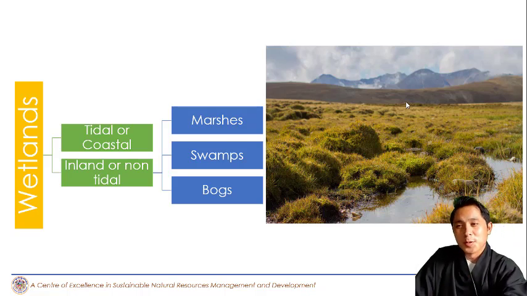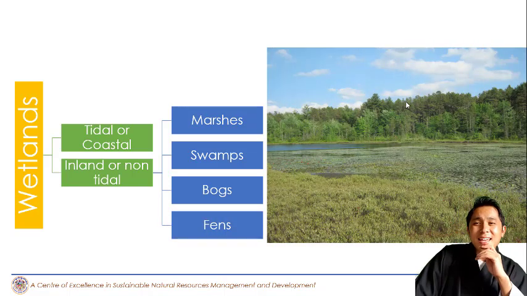The name is quite interesting, bog. And the last part is fen. Again, it is slightly characterized by bog in nature, but you won't find most of the time the mosses in this kind of wetland.